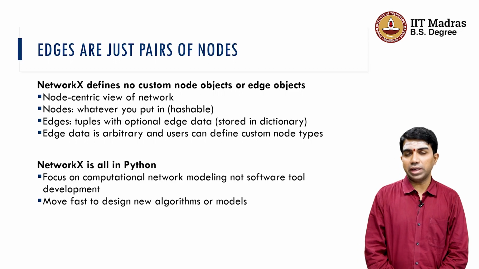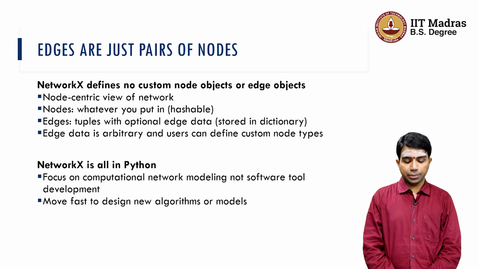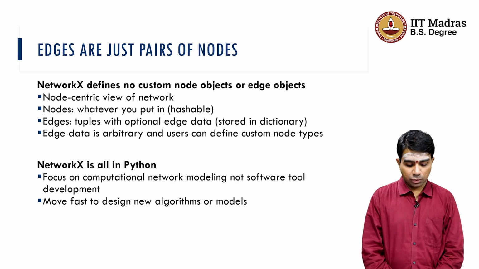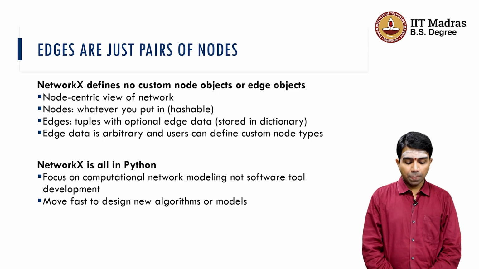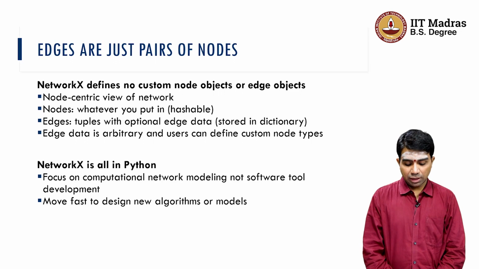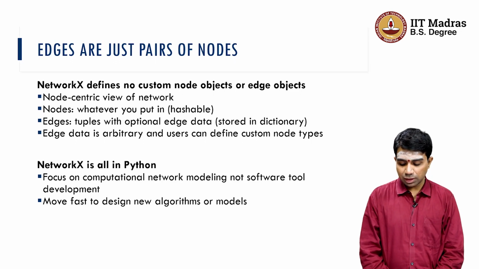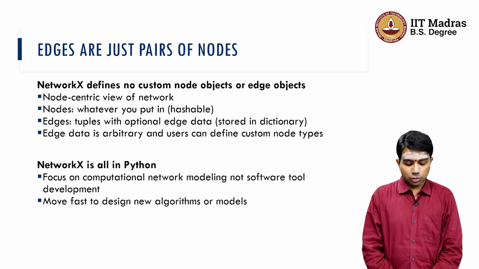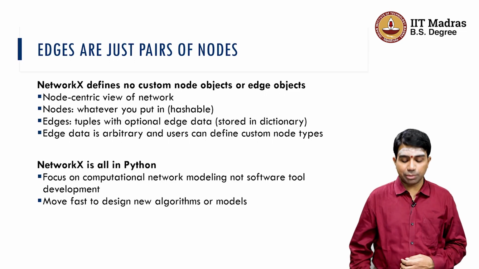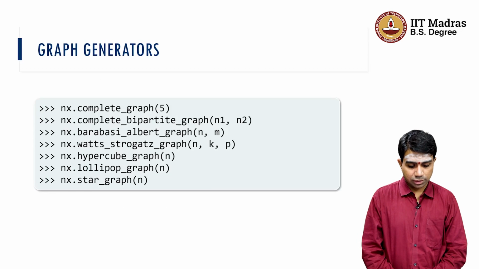So, you could store weight or other properties, and they are all stored in a dictionary, and you can define custom node types and so on as well, right. And remember, NetworkX is all Python, and you focus on computational network modeling and not on software tool development, and you can really quickly adapt it to various algorithms or models.